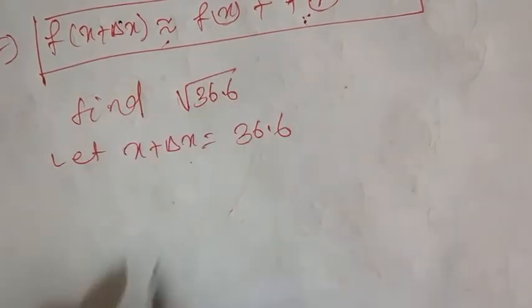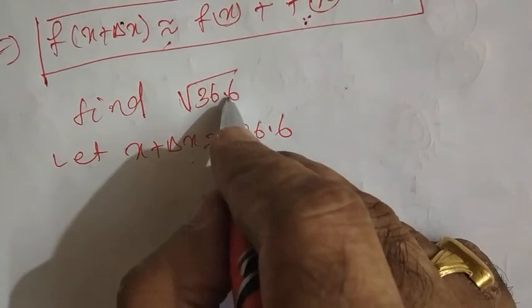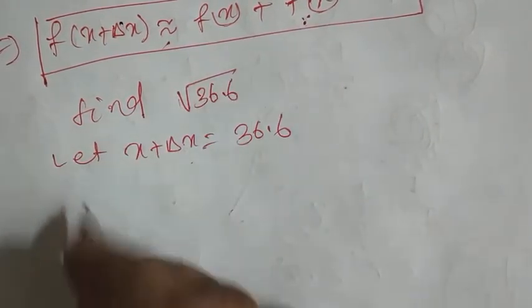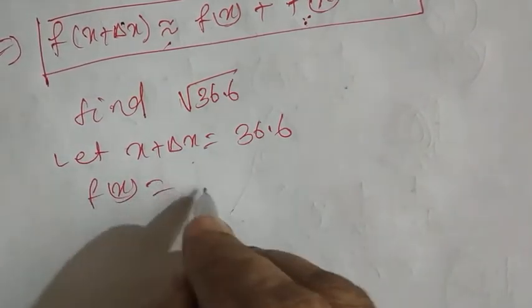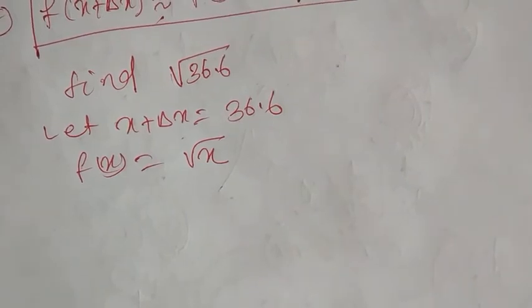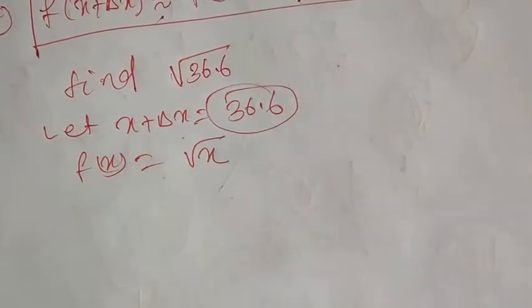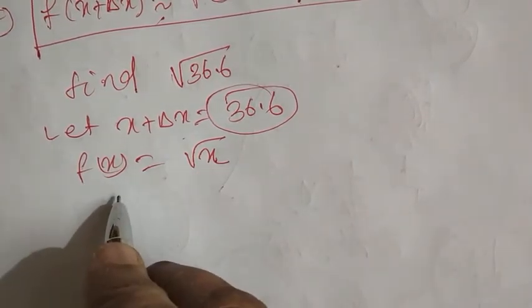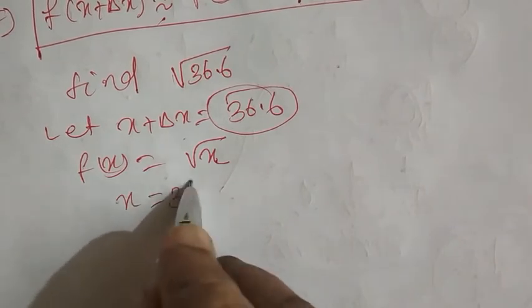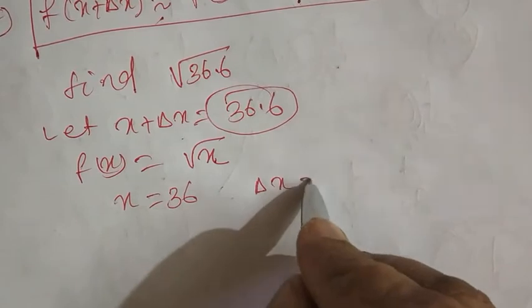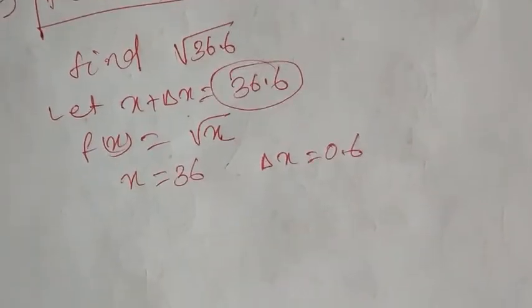I will find the square root of this, and let f x be square root of x, and choose x which is very close to 36.6 but whose square root you can find. So what is the best value of x? I take x as 36, its square root I can get. Obviously delta x is 0.6.